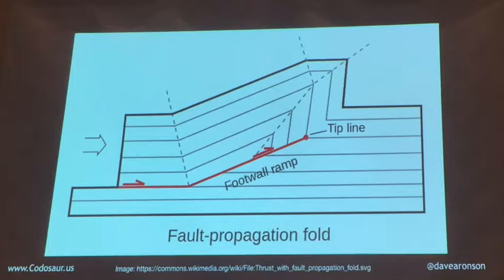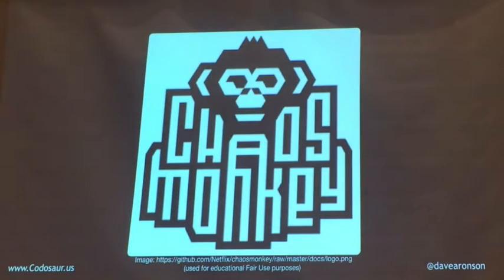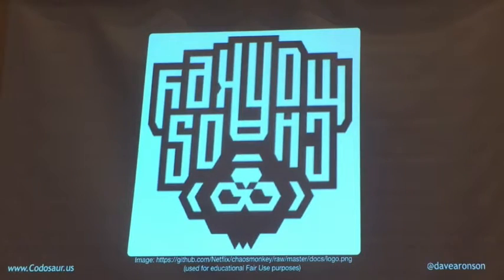And because of this, it's sort of related to something you might already be familiar with, Chaos Monkey from Netflix. Just like Chaos Monkey helps Netflix discover flaws in their error recovery process, mutation testing helps us discover flaws in our test suite and our code. But the way mutation testing works is sort of upside down from what Chaos Monkey does.